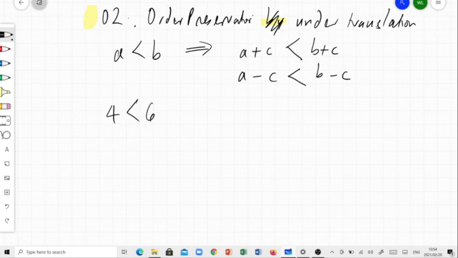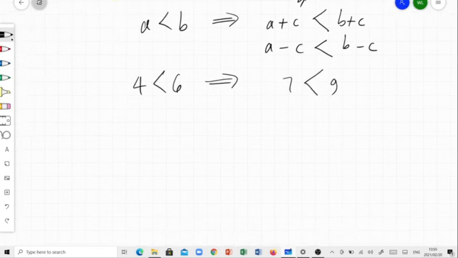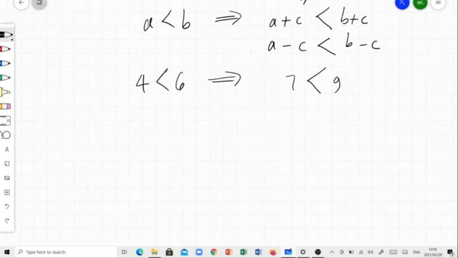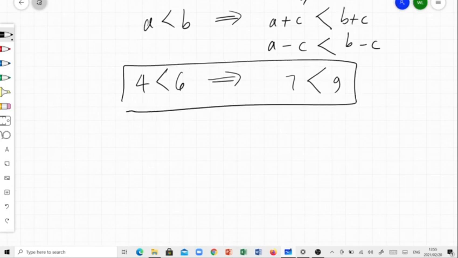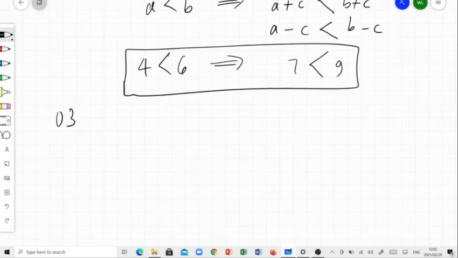And notice that, let's say I want to shift everything up by 3. So I add 3 on both sides, so I get 7 and 9, and notice that the order is preserved. So this is one trick you can use to learn and help you remember these formulas a bit better. Okay, so let's look at the third law.